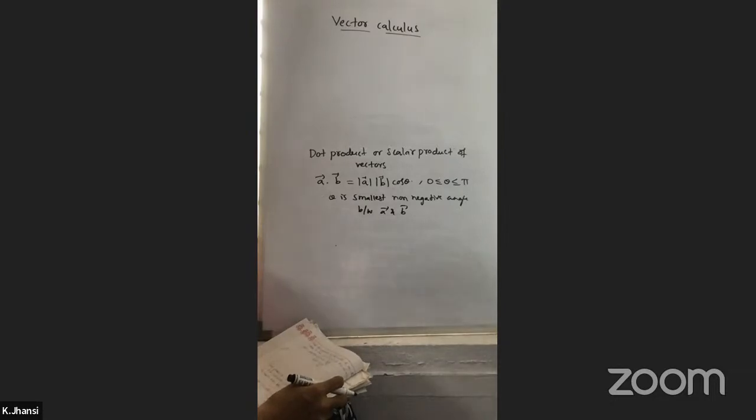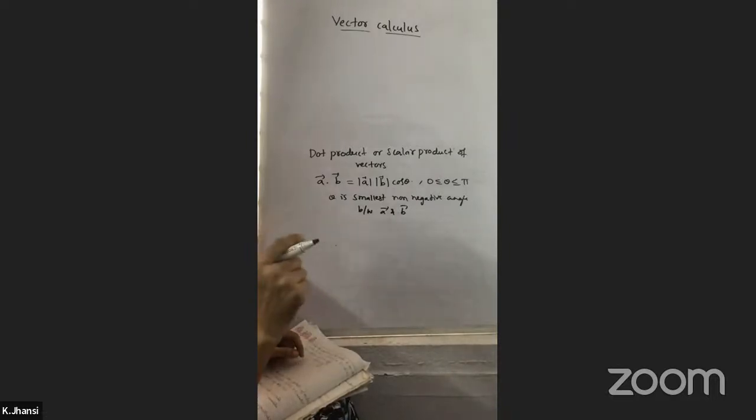And one note is that the dot product of two vectors is a scalar. So when you do the dot product of two vectors, whatever the resultant answer is, you get a scalar. That means you'll get some value.